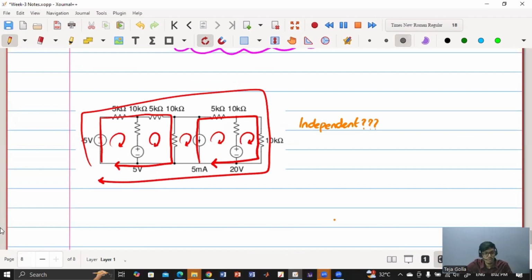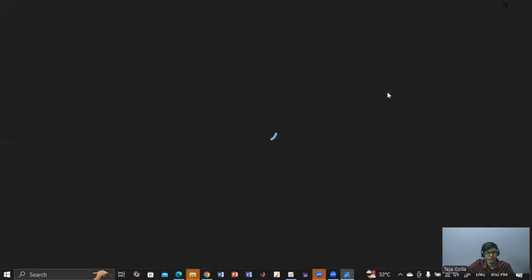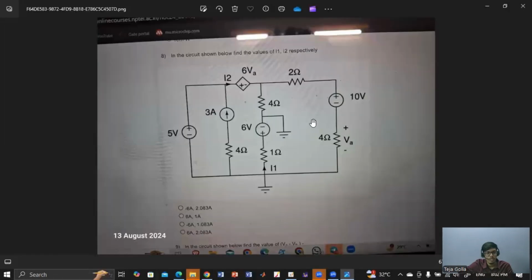So the question that Vishwanath has shared, let me just see, it is loading. Let me just see. Are you able to see the image?